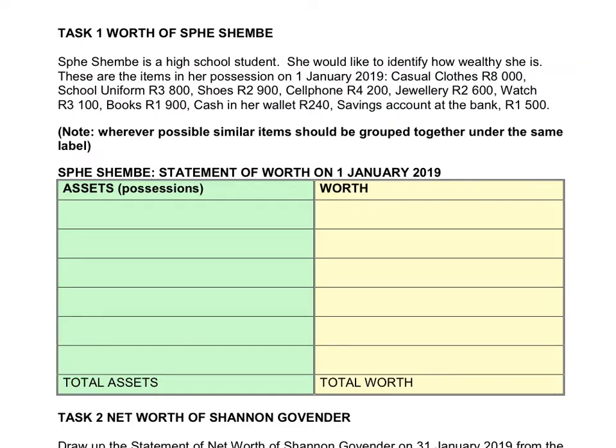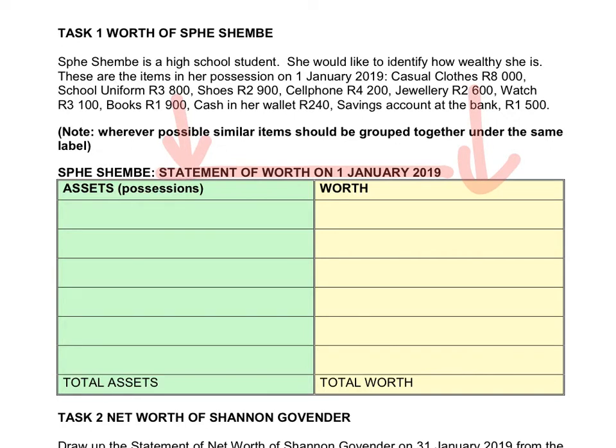We're now going to look at how we calculate worth. And this is the statement that we use. You can see here it says Spare Shembe's Statement of Worth on the 1st of January 2019. So this statement, as you can see, has a green side and a yellow side.